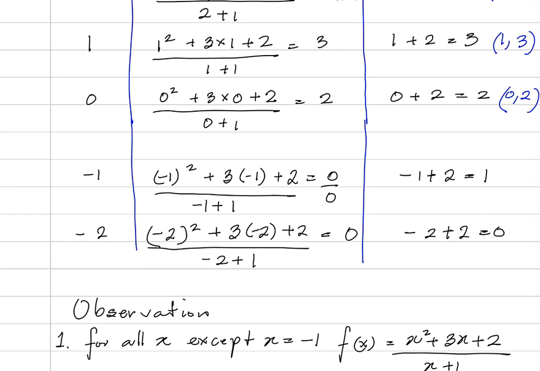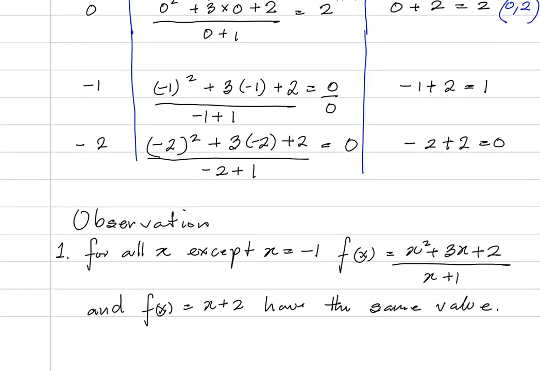And at the bottom, we have minus 1 plus 1, we also get 0. So when x is minus 1, f of x is equal to 0 over 0. When x is minus 1, x plus 2 is equal to minus 1 plus 2, which is equal to 1. When x is minus 2, f of x is equal to 0, and x plus 2 is also equal to 0. So what do we observe so far?